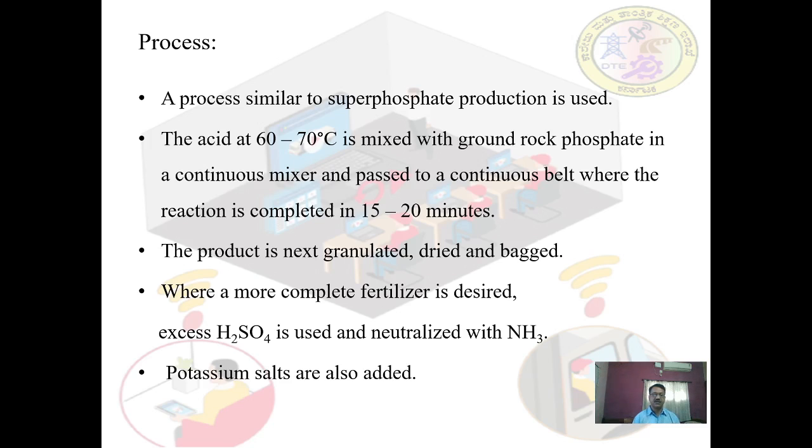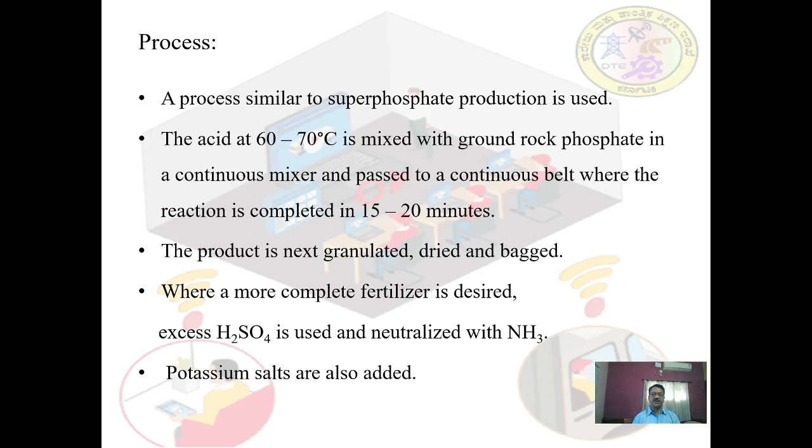The process: a process similar to superphosphate production is used here. The acid, that is phosphoric acid, at 60 to 70% concentration at the same temperature is mixed with ground rock phosphate in a continuous mixer and passed to a continuous belt reactor where the reaction is completed within a time of 15 to 20 minutes.